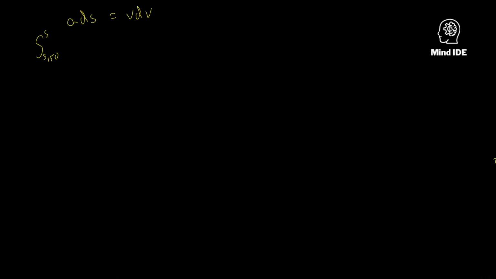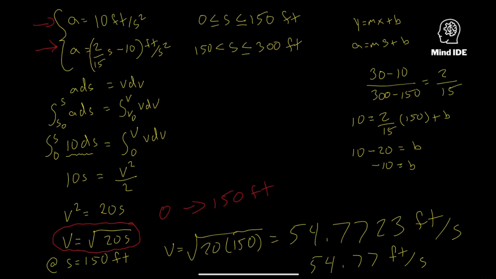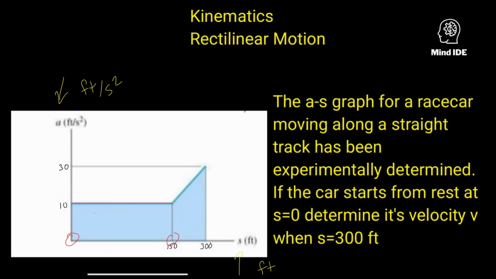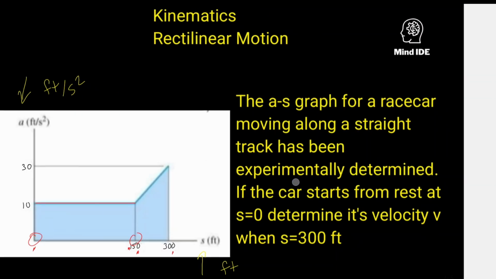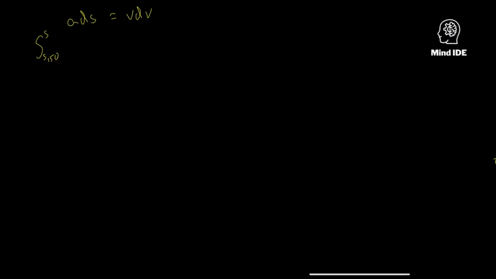So the integral, if you remember, we were integrating first from 0 to 150. Now we're integrating from 150, which is here, to our final point, which will be 300.